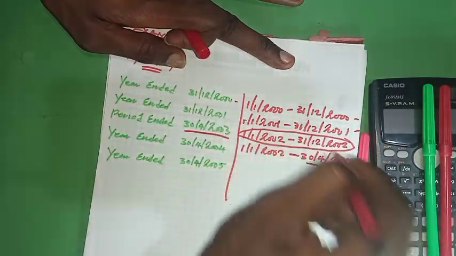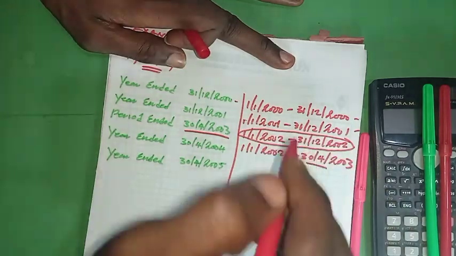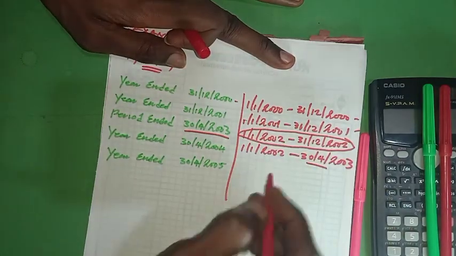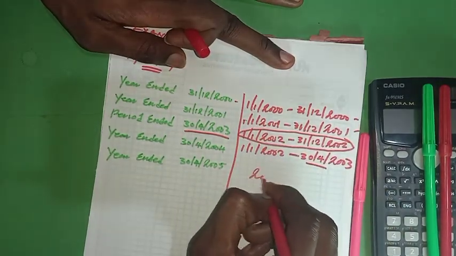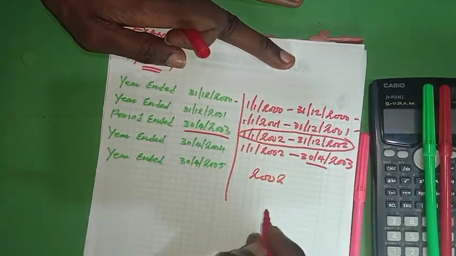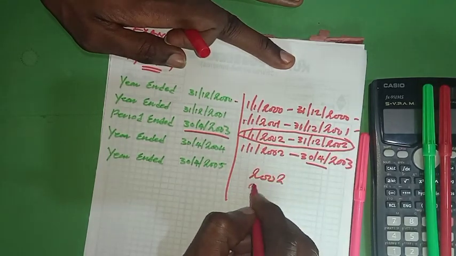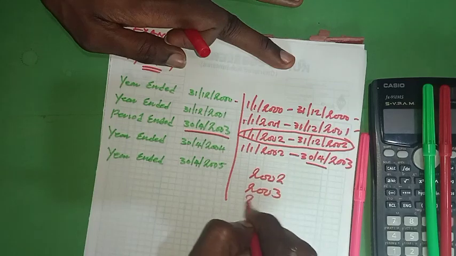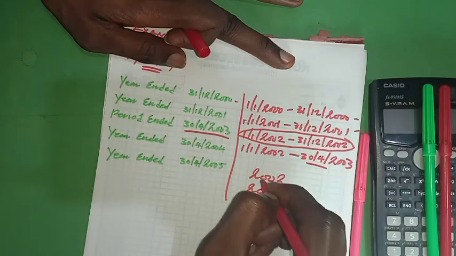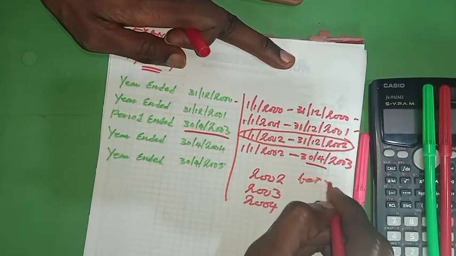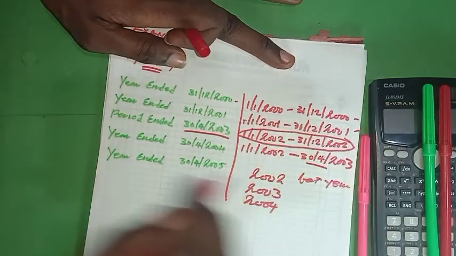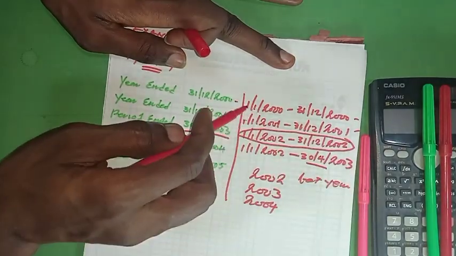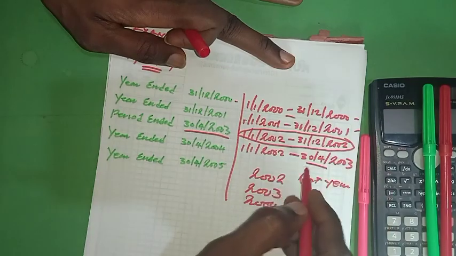So this year becomes what? Your year of change. So 2002 becomes your what? Year of change. Subsequent year are what? 23, 24. This 22 becomes your tax year, which you use to compute based on old date and new date.